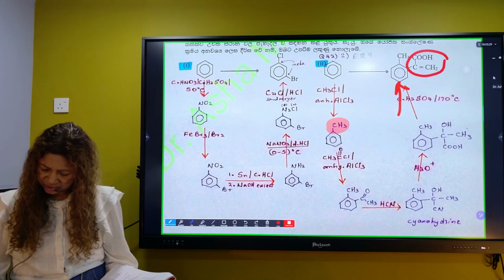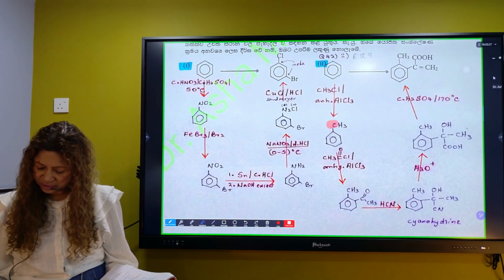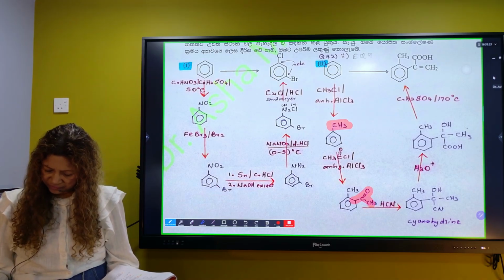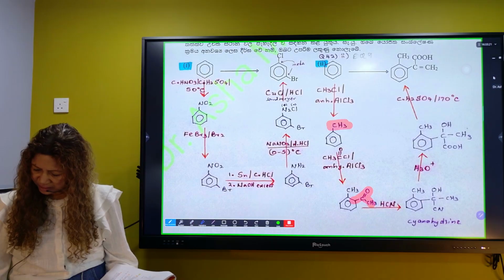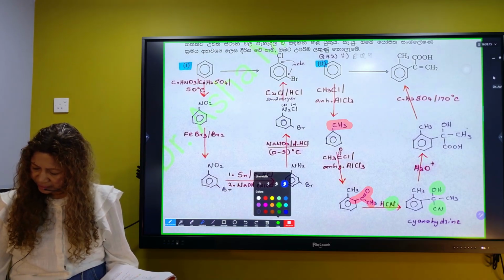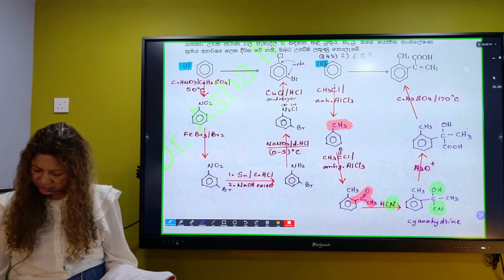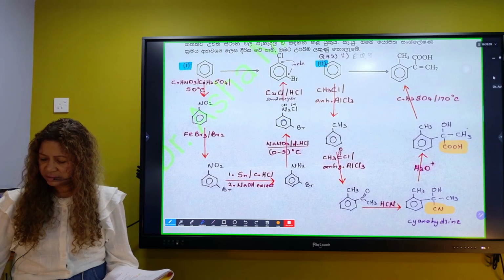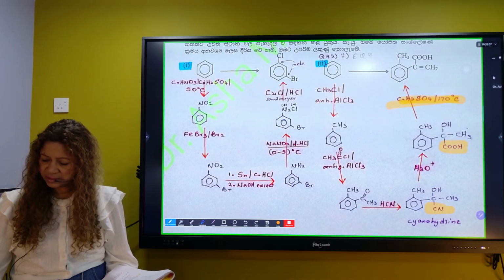So I'm just going to keep this ortho because they are giving it at the ortho position. So to the ortho position I can join this. Now the rest of everything is easier. Adding CN here, at the same time OH here, and then CN to COOH, and then concentrated H2SO4 to make the double bond.